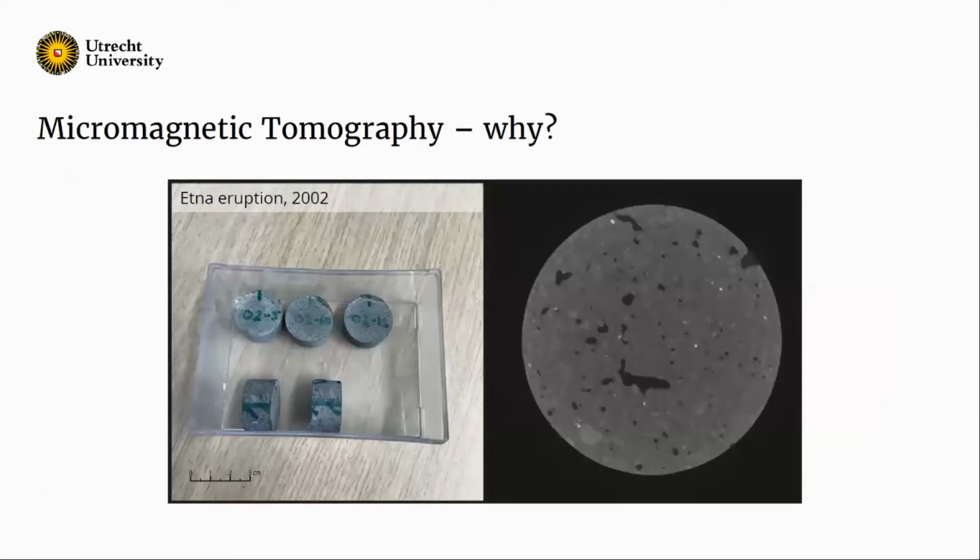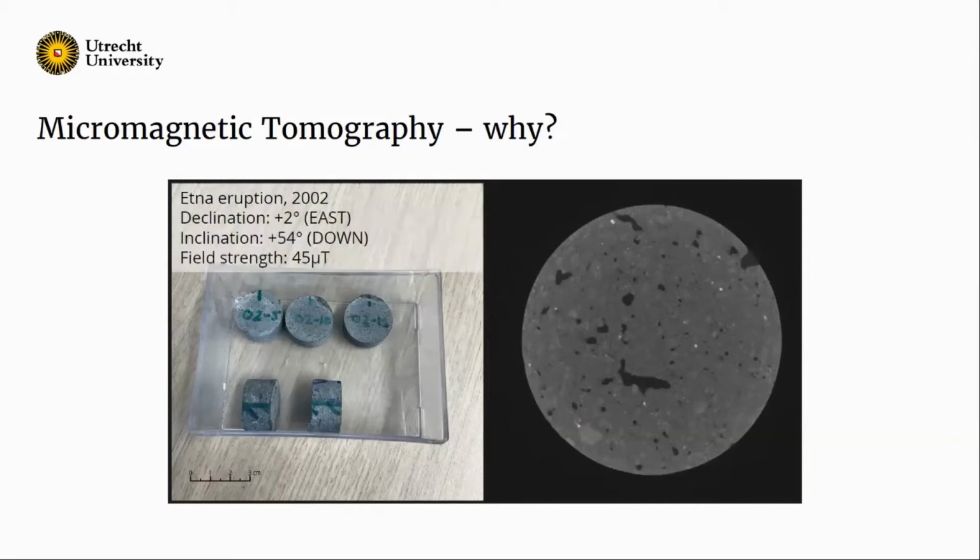On the left, there are some samples from the Etna eruption in 2002. And typically, we measure these samples just the way they are. So we put them in a magnetometer and then determine the strength and direction of the magnetic field.